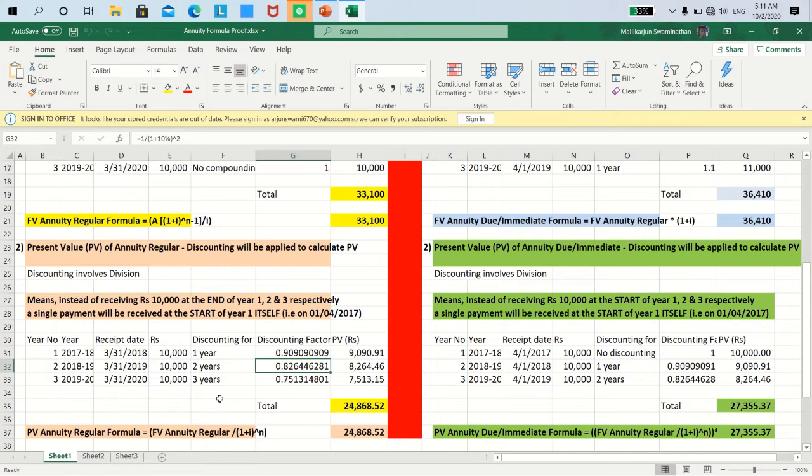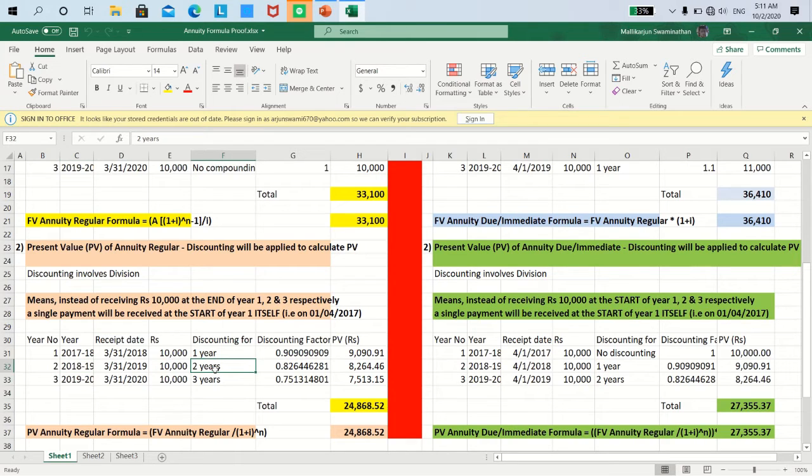Then with respect to row 32, this deals with the second installment which Mr. X was supposed to pay to me on 31st of March 2019, which now he is required to pay on the 1st of April 2017 itself. Therefore, he is asked to pay the money 2 years in advance.